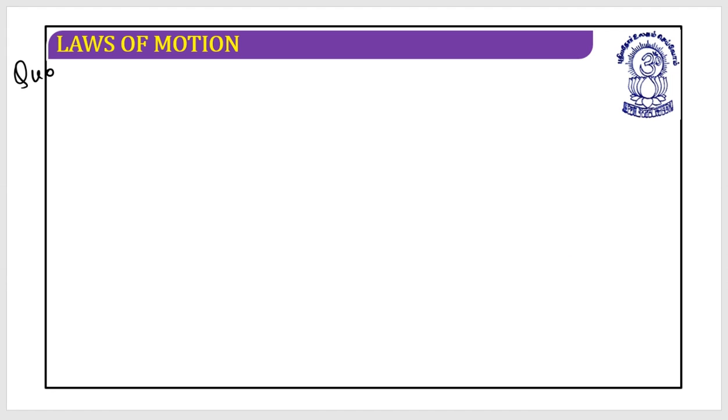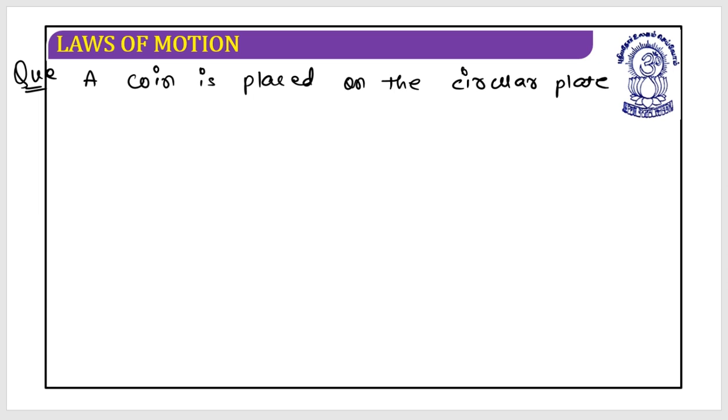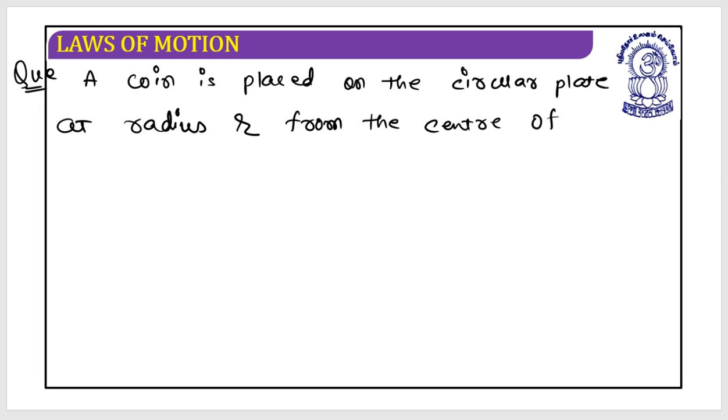A very interesting question. Let's assume that a coin is placed on the circular plate at radius r from the center of the plate.